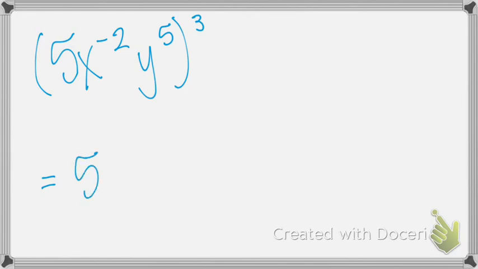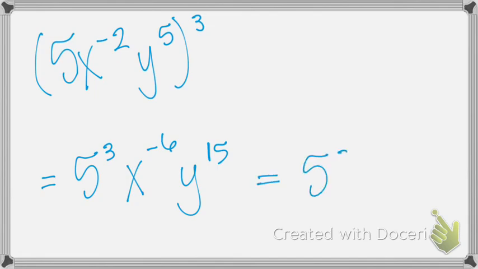So we have 5 to the 3rd power. We have x to the negative 6, and we have y to the 15. 5 cubed, but where does that x need to go? It's on the top now, but it needs to go to the bottom, and our y can just stay because it's positive.